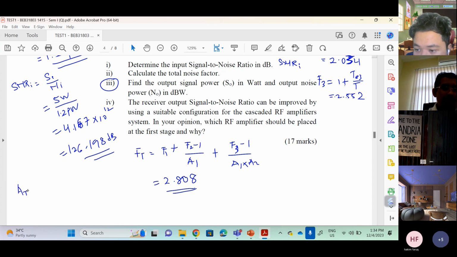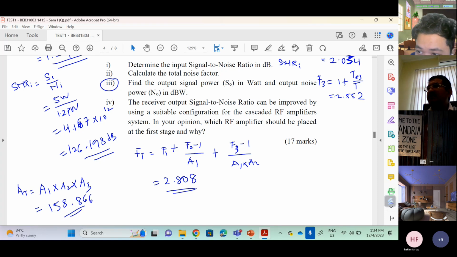So A total bersamaan dengan A1 multiplied with A2 multiplied with A3 in absolute value. Saya dapat dalam 158.866. Okay. After I get the A total, then I can find the S out.